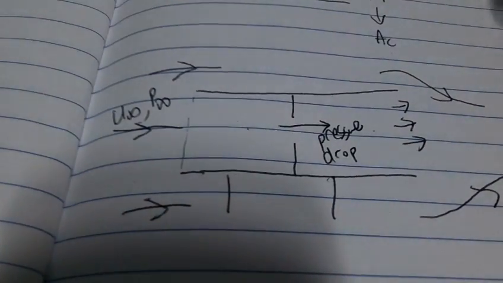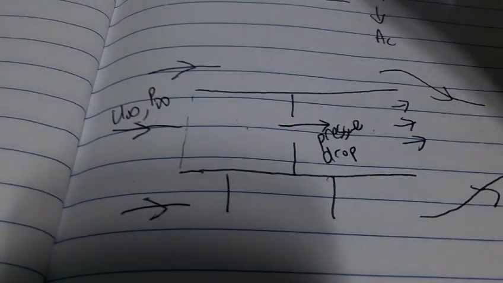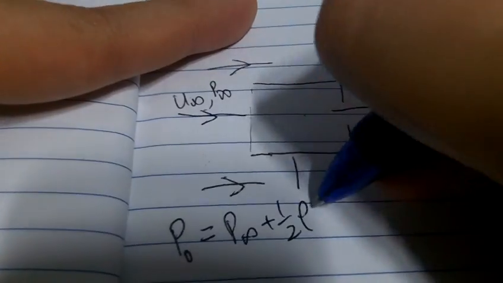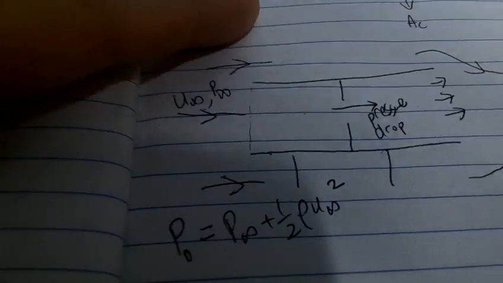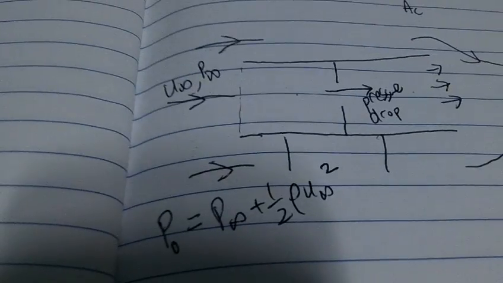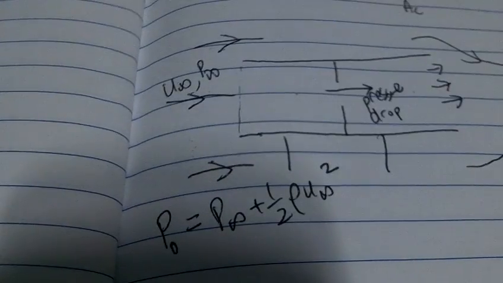Or rather, we have a stagnation pressure of P infinity plus half rho U infinity squared. Of course, we assume a steady flow, incompressible flow, and flow of constant viscosity.